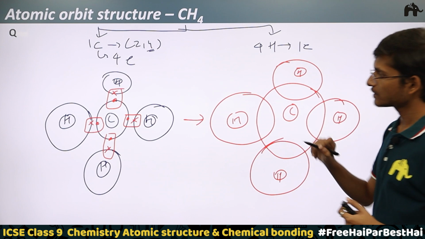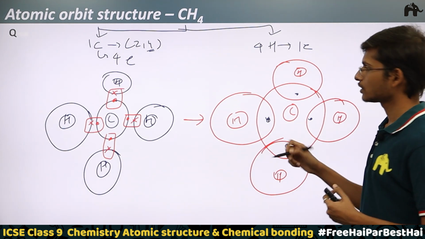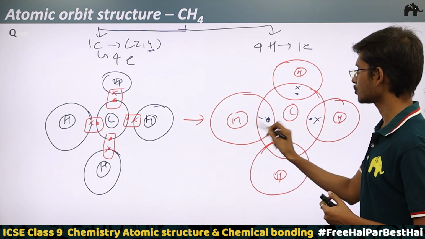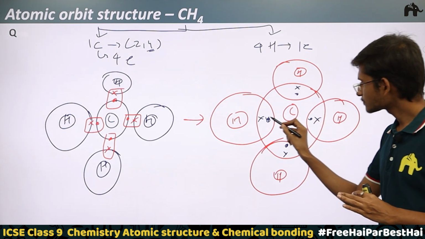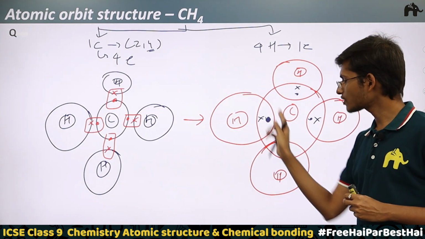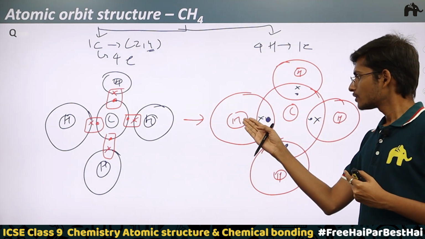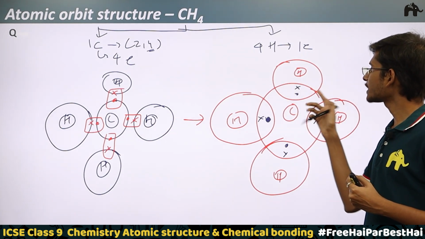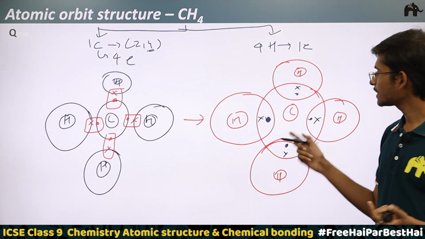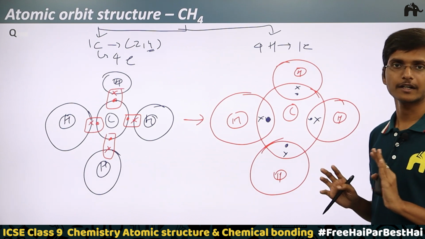Carbon's electrons are shown with dots, and hydrogen's electrons are shown with crosses. Now the electrons coming into the overlap are now that hydrogen atom's electrons. So each hydrogen atom has 2 electrons. And for carbon also, whichever electrons are in its outermost shell are now that carbon atom's electrons.